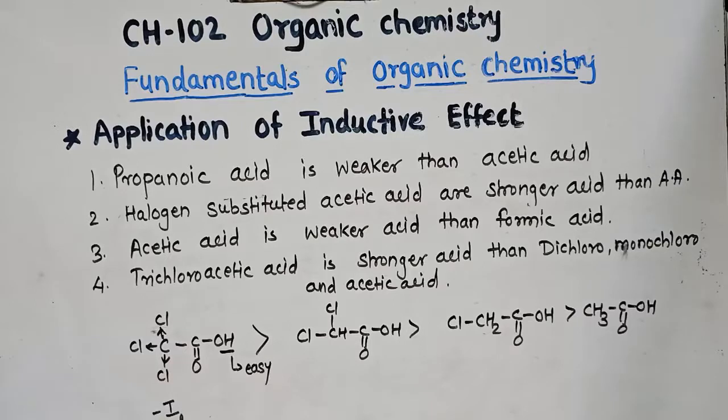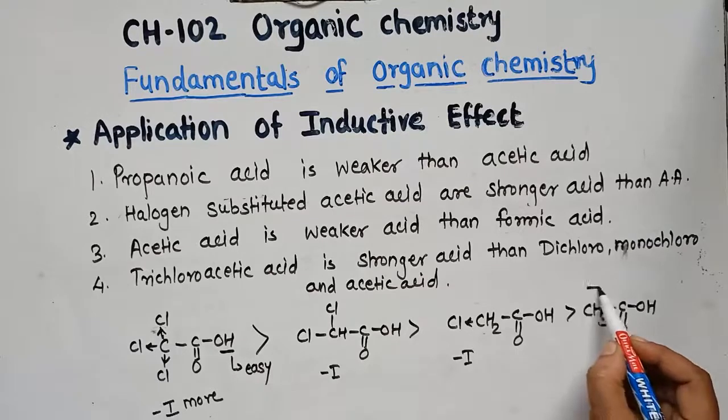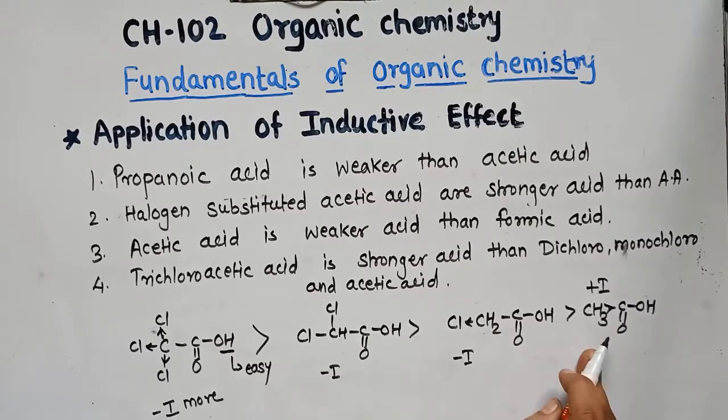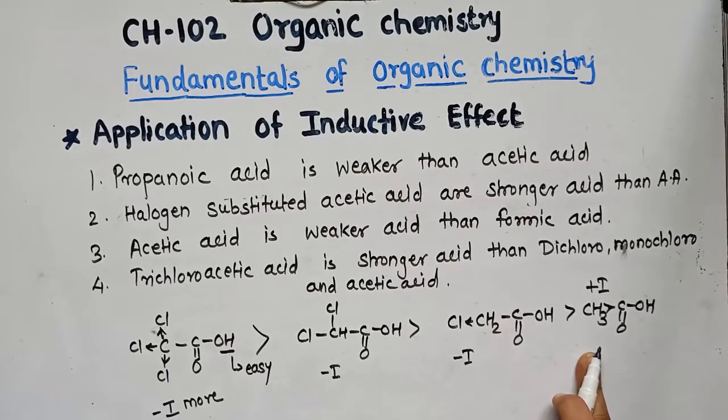Hence minus I effect increases the acidity, and here the minus I effect is more. Hence trichloroacetic acid is a stronger acid than the dichloro, monochloro and acetic acid. Here also the minus I effect, but only 2 chlorines are there. Here also the minus I effect due to this chlorine, but this methyl shows the plus I effect, and plus I effect decreases the acidity, hence it is a weaker acid.